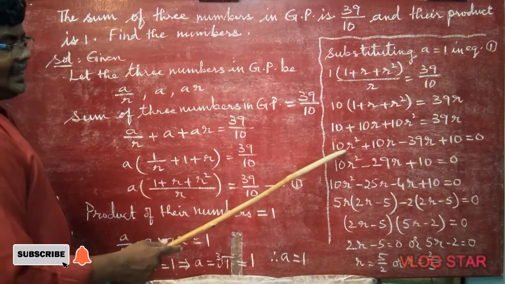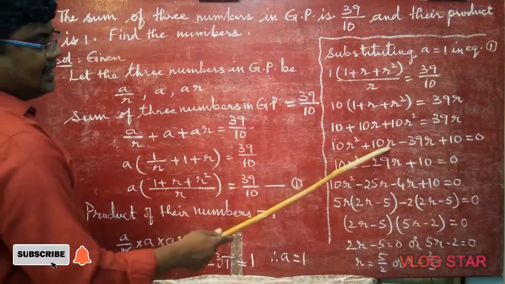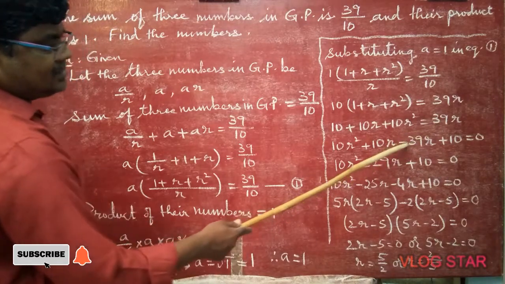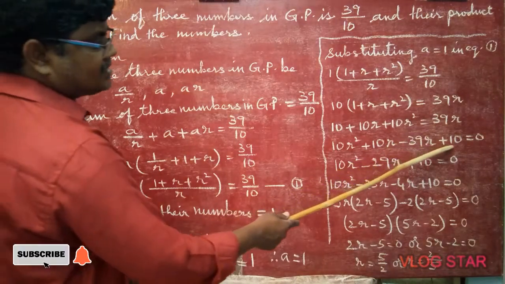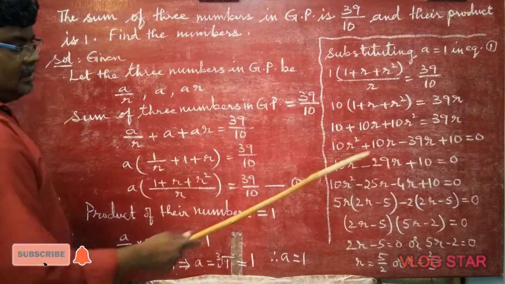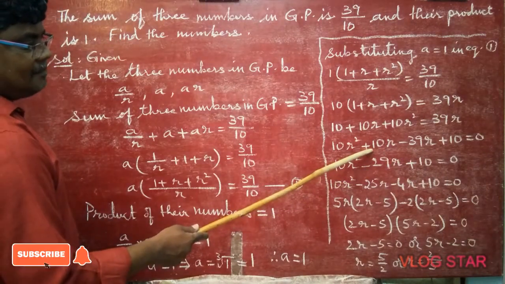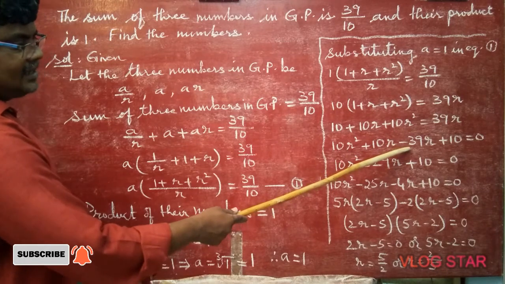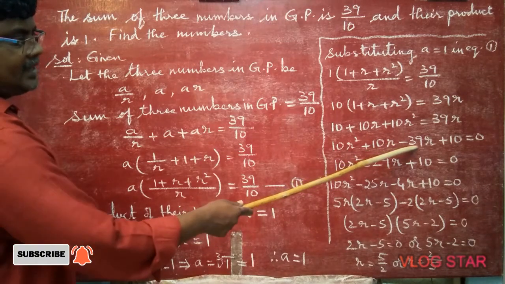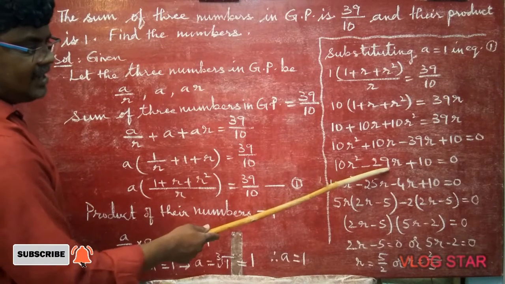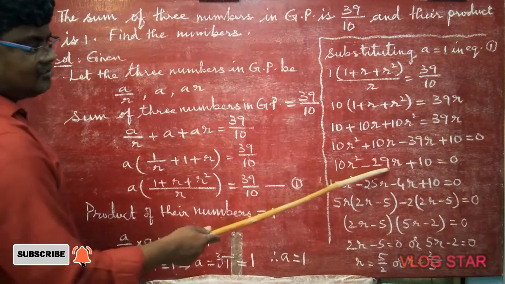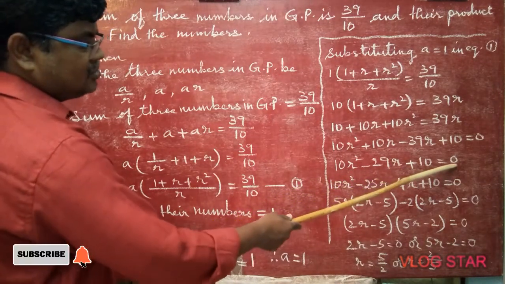Write in order: 10r² plus 10r minus 39r plus 10 is equal to 0, because 39r comes to this side with a minus. These two are like terms. So 10r² minus, here plus and here minus, opposite signs, you have to do subtraction. From 39, if you take 10, 29 will come. So 10r² minus 29r plus 10 is equal to 0.